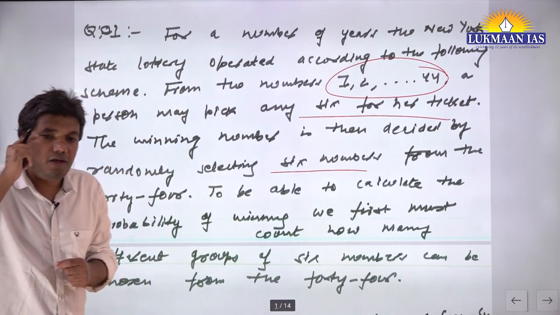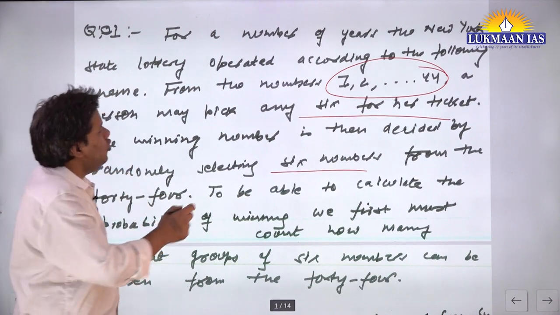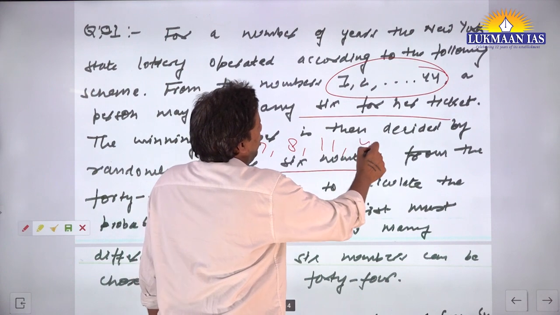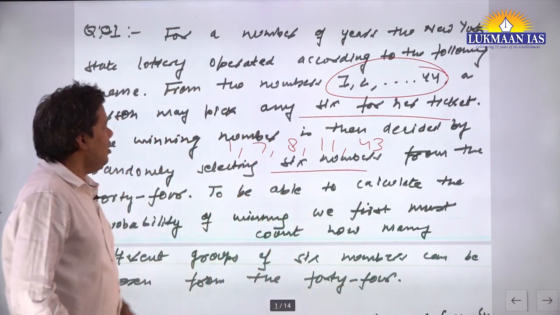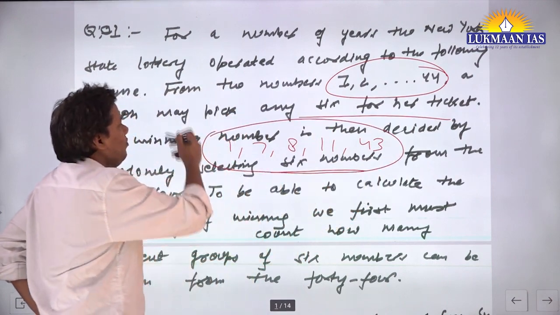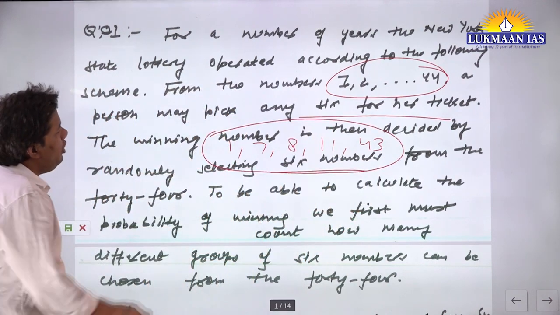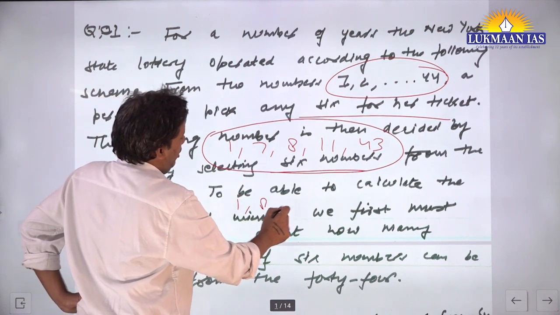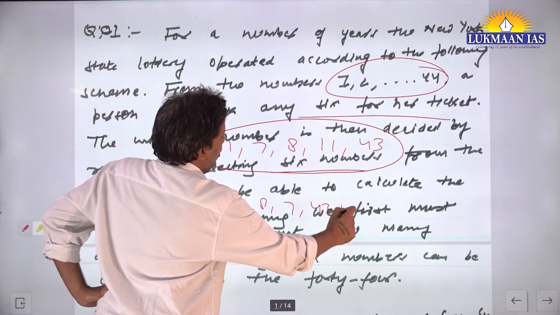But now here comes another point. Let's suppose I chose 1, 7, 8, 11, 43, and it so happened the owner of the scheme also chose those numbers, but in a different order: 1, 8, 7, 43, 11.